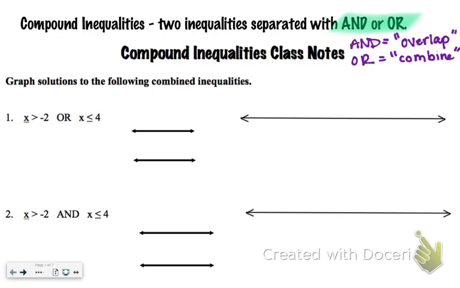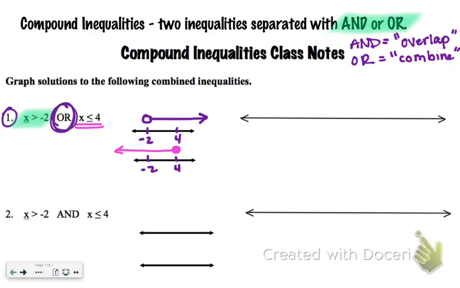So if we look at our first example, we have x is greater than -2 or x is less than or equal to 4. So if we see those two mini little number lines, we're going to use those. We want -2 and 4 on both of them, and we'll graph the first one on the top. So x is greater than -2, and on the bottom x is less than or equal to 4. Because it's an "or" statement, we are going to have a combination of those solutions.